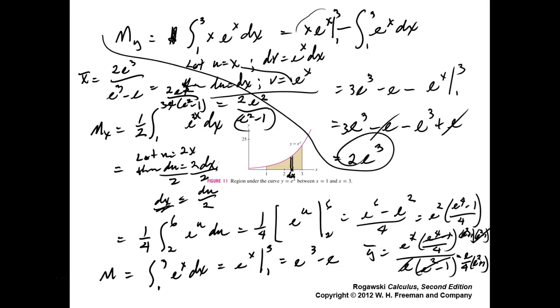And our y bar was basically what we wrote down first, e to the 6 minus e squared over 4 times e cubed minus e, before I started fiddling around with it.